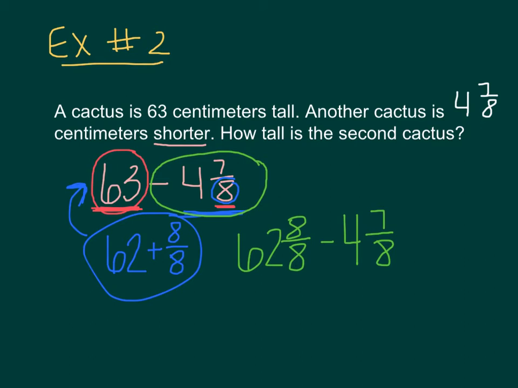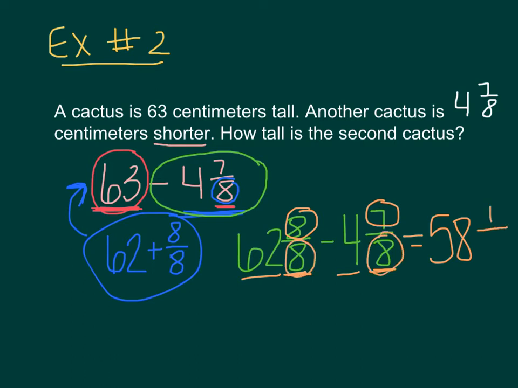We already have common denominators, so we can go ahead and subtract. We have 62 minus 4 is 58. Then we do our numerators. 8 minus 7 is 1. And denominators stay the same. So it's 58 1/8.